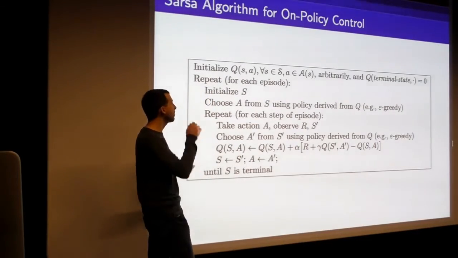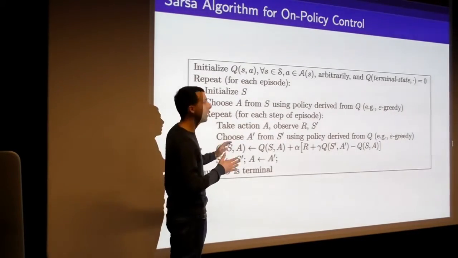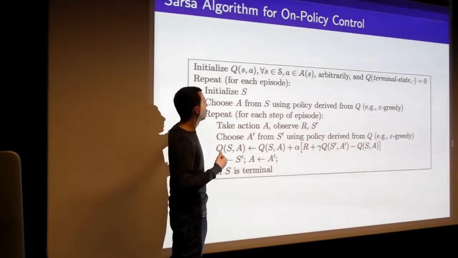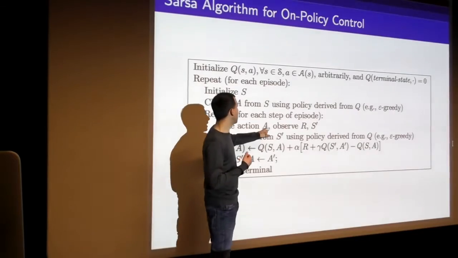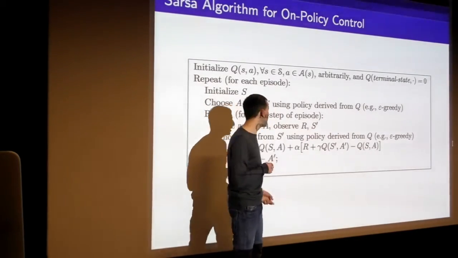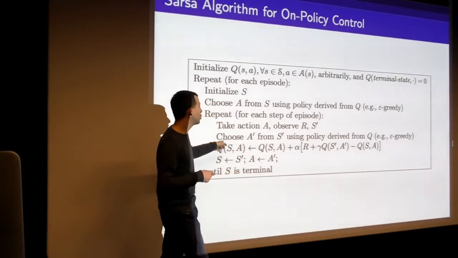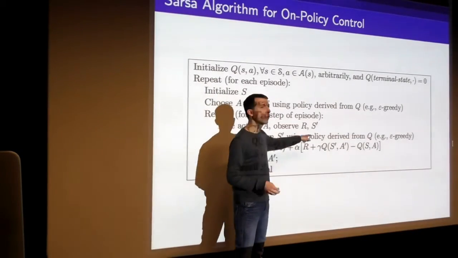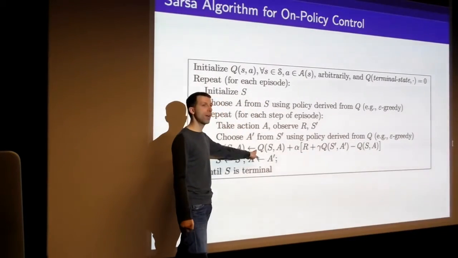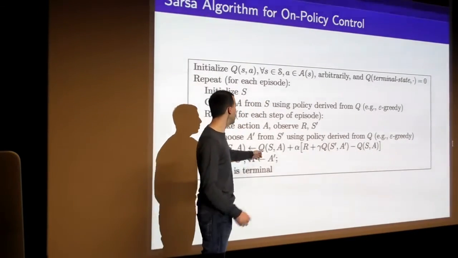And every single step, this outer loop is just over episodes, but really, the inner loop is every single step. We're going to take an action, observe the reward, observe the next state that we end up in. We're going to choose our action using our epsilon greedy policy. And we're just going to apply this SARSA update to that one step.